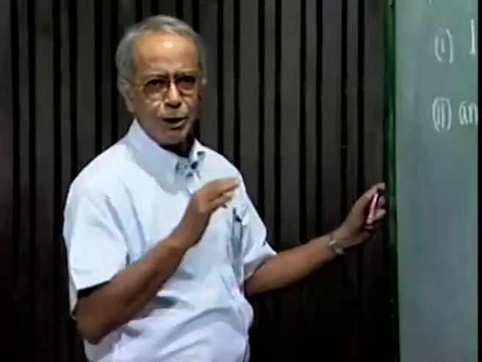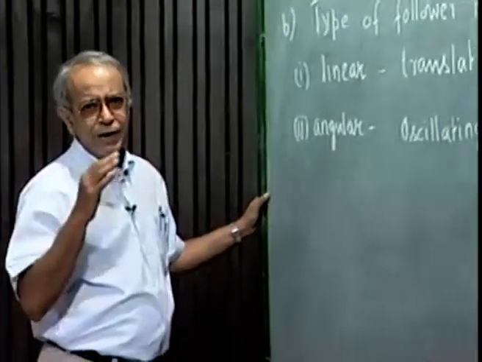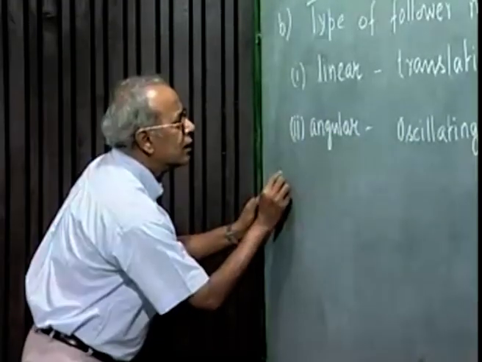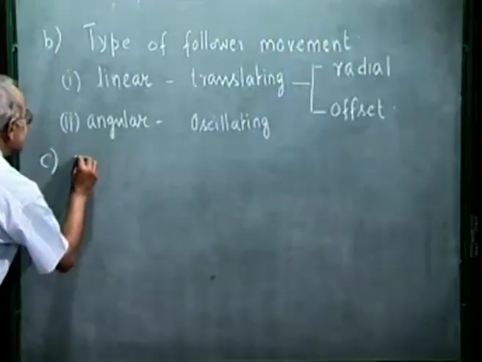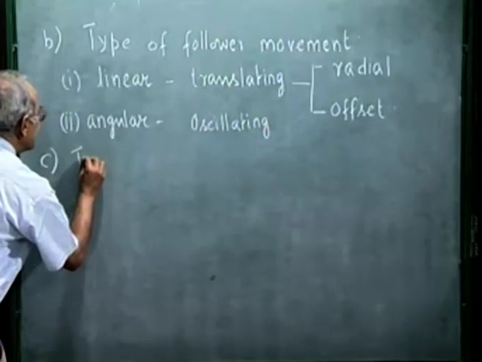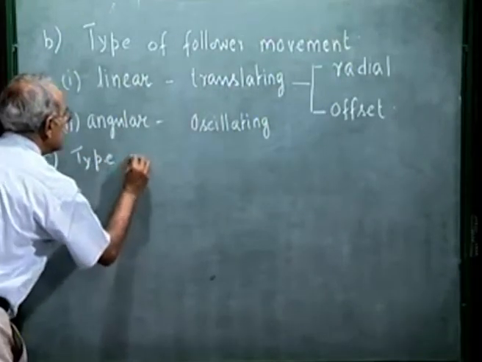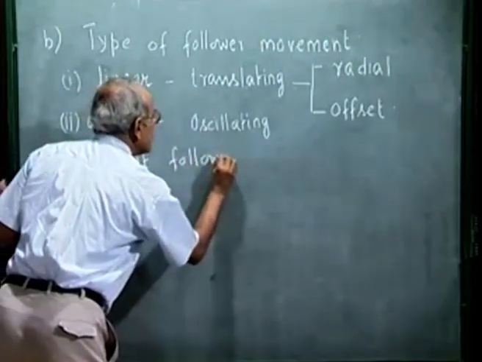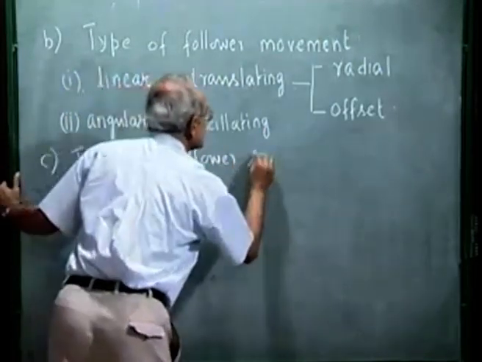The third classification of cam follower systems is based on the nature or shape of the follower surface, the contact surface between the follower and the cam, what kind of surface the follower has at the contact. This is based on type of follower surface.